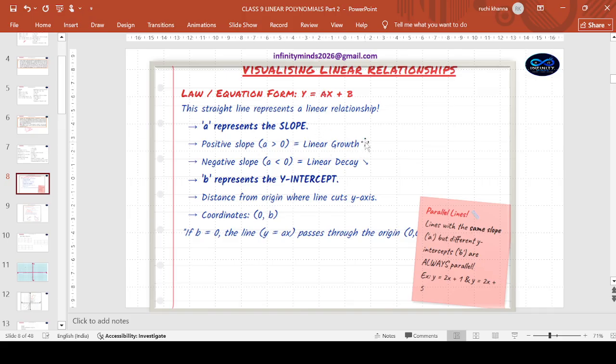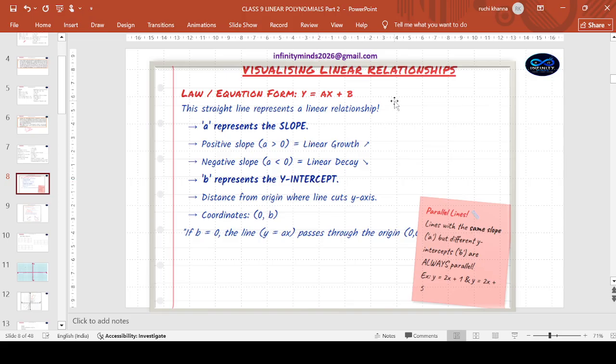Positive will represent growth. So it's all interrelated, and in a way they are all similar things. We first started with the situation questions of linear growth only, and now we are coming to the graphical representation of a relationship between two variables.